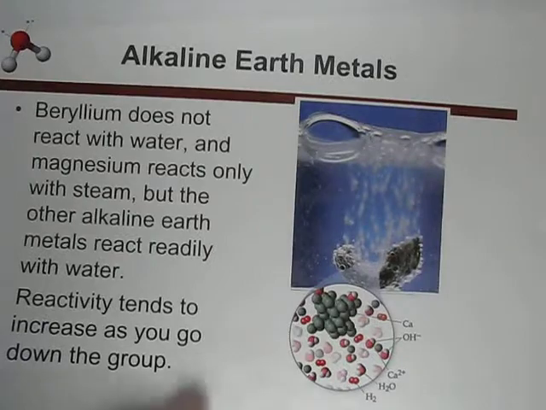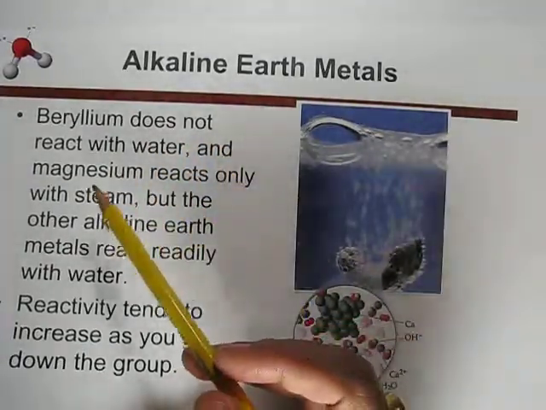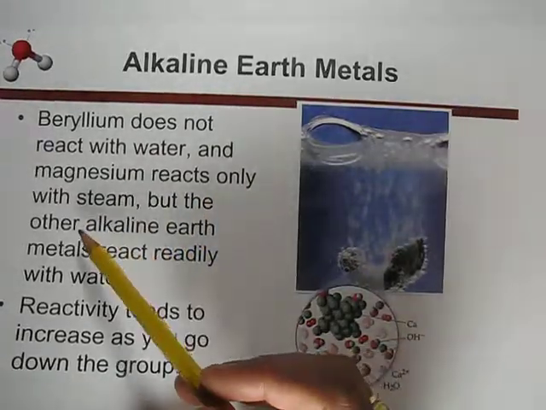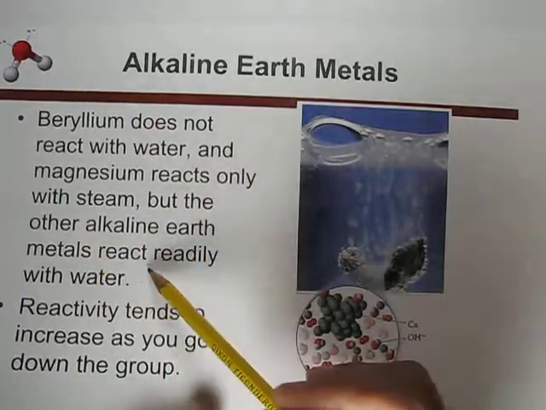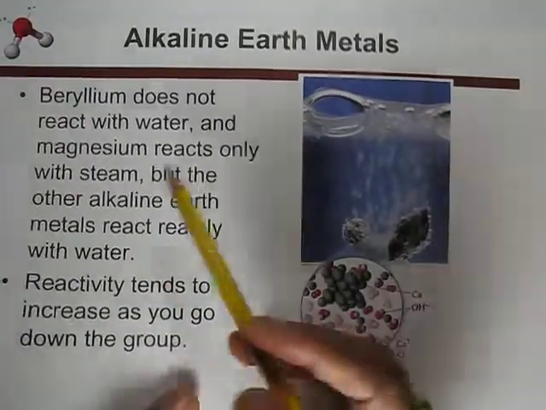A little bit more about the alkaline earth metals. Beryllium does not react with water and magnesium reacts only with steam, but the other alkaline earth metals readily react with water. This is the only exception.